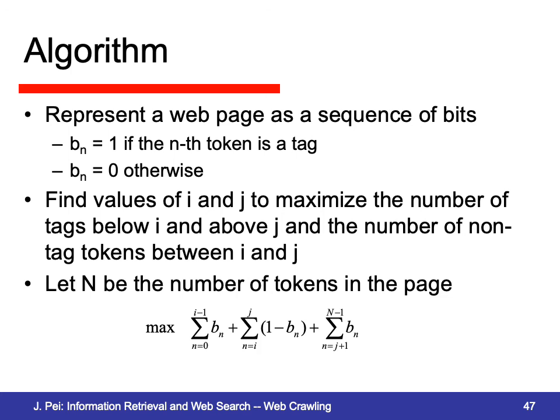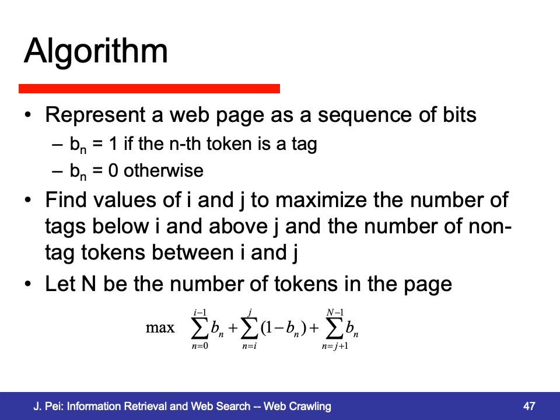The algorithm works as follows. We represent a web page as a sequence of bits. We have b_n equals 1 if the nth token is a tag, and b_n equals 0 otherwise. Then we can find the pair of values i and j to maximize the number of tags below i and above j, and the number of non-tag tokens between i and j.